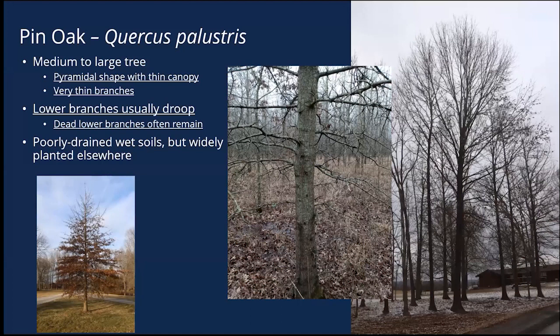And even if the lower branches die, like when they get self-shaded, they often stay on there. So a lot of times you'll have a lot of little dead branches sticking out from the main trunk on a pin oak.